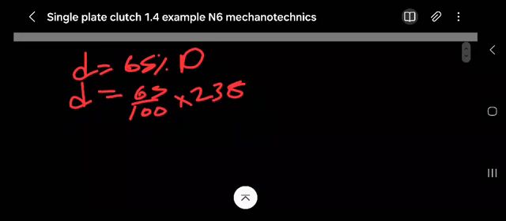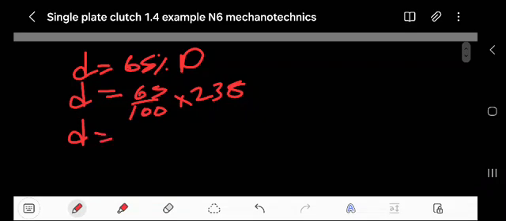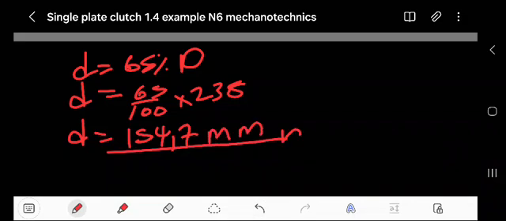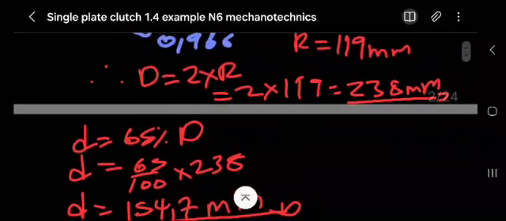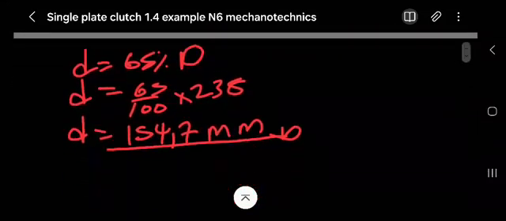When you multiply 65 over 100 by 238, this is 154.7 millimeter, right? So that is the inner diameter and the outer diameter.